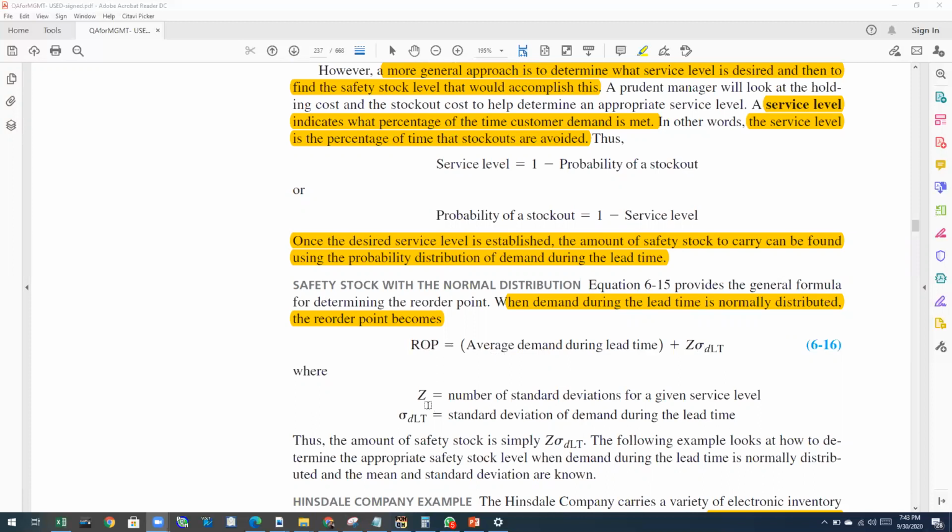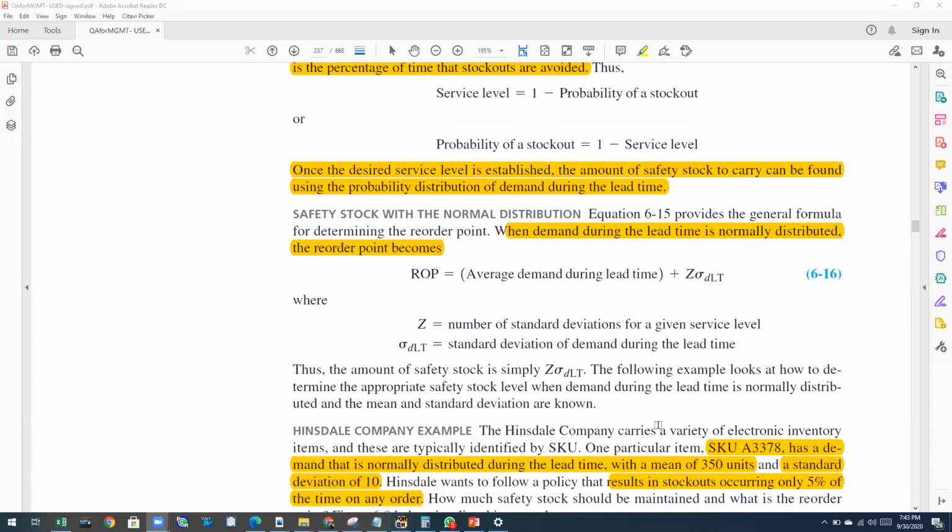Z is the number of standard deviations for a given service level. The amount of safety stock is simply Z multiplied by the standard deviation of demand during lead time.